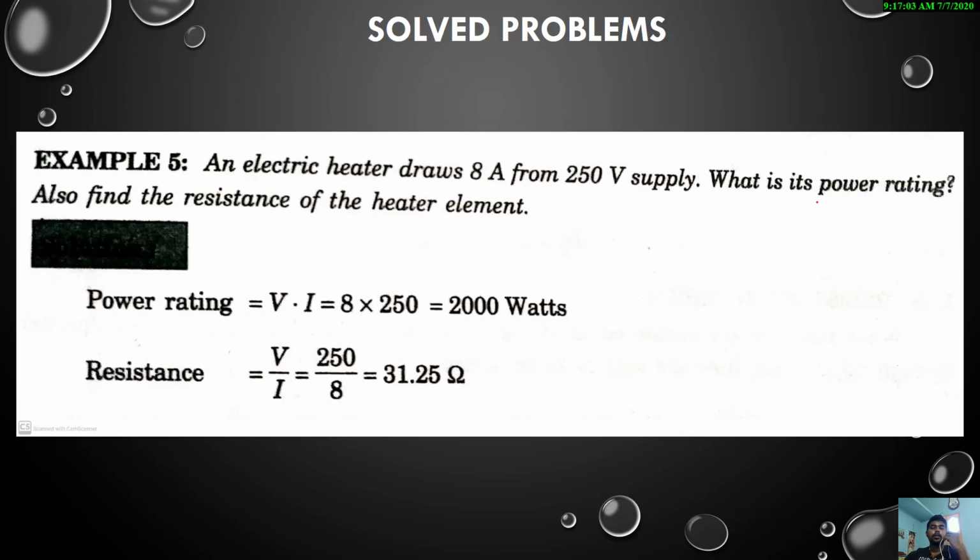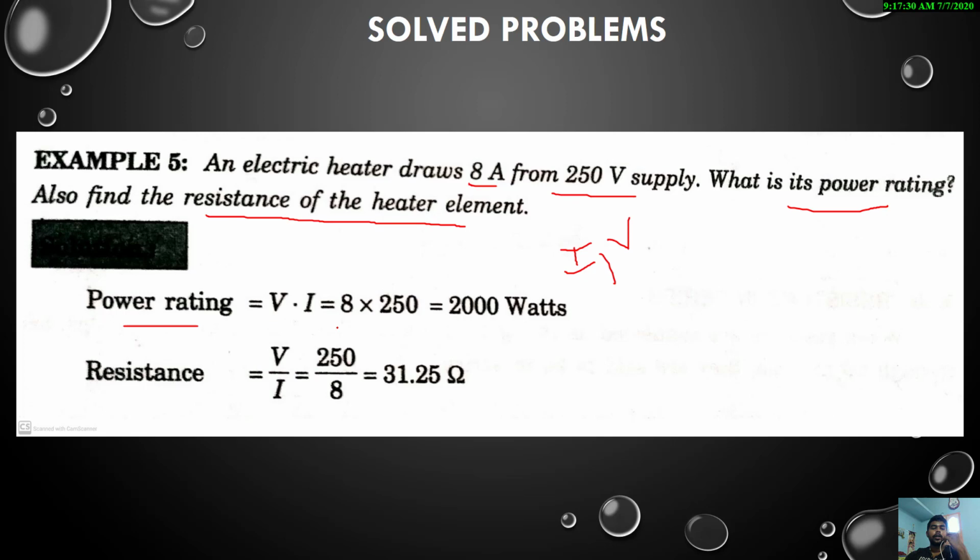Here an electric heater is consuming 8 amps of current from a 230 volt supply source, and what is its power rating? Also we have to find the resistance of the heater element. Here the given values are current and voltage, so we have to find the power rating.